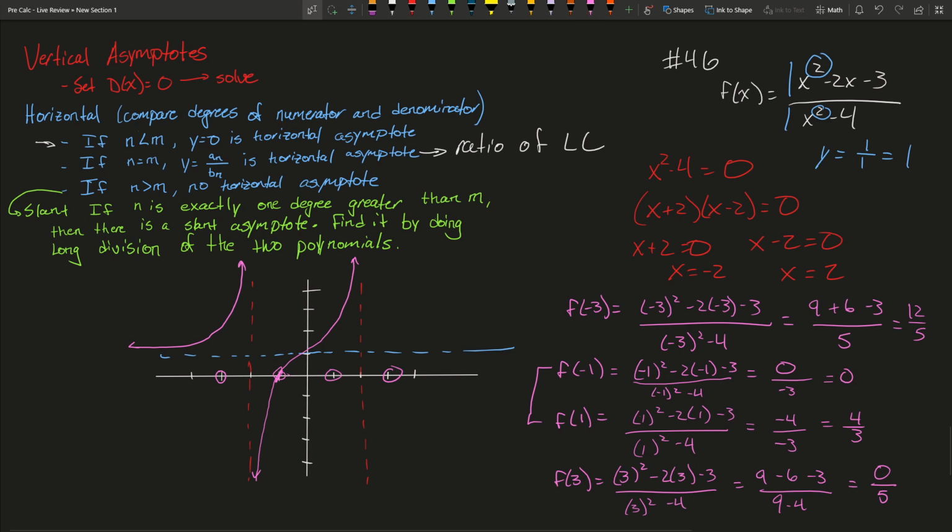When we plug in 3, we get 0, which is less than our blue line. So our graph will be below and to the right. So it'll look a little bit something like that.